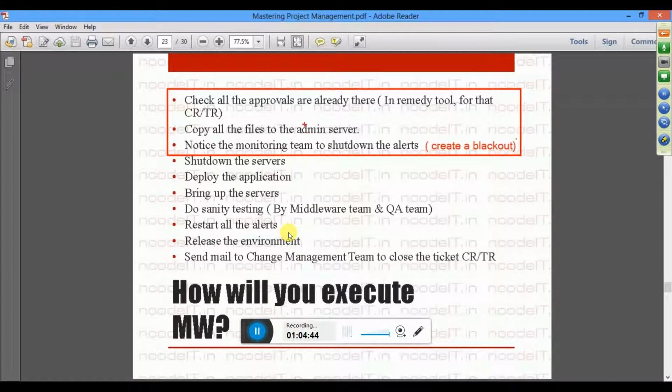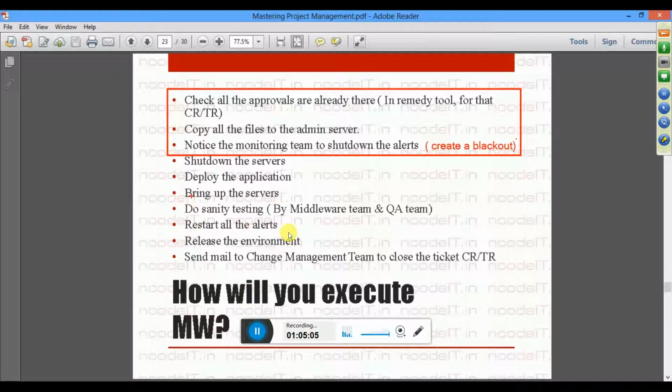You made sure approvals are there, then you got ready with all the things, then you asked the monitoring team to shut down the monitors because you're going to officially shut down the servers. It's approved. Then you go ahead and start your activity. First, you shut down the servers, then you deploy the application, then you bring up the servers.